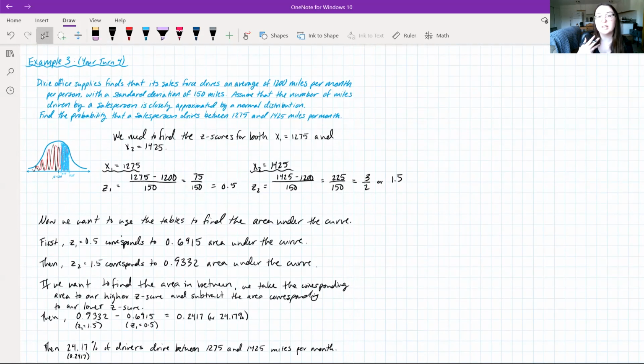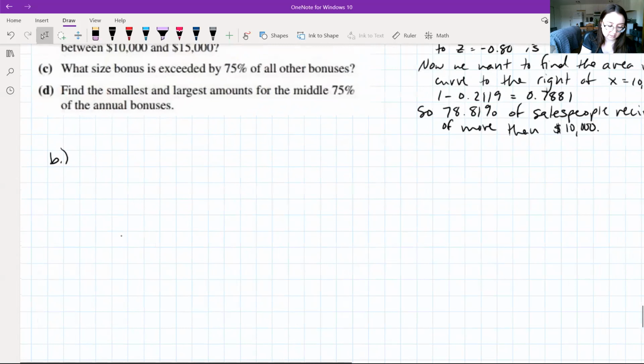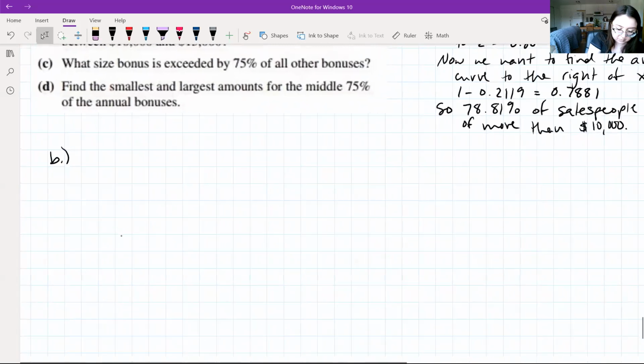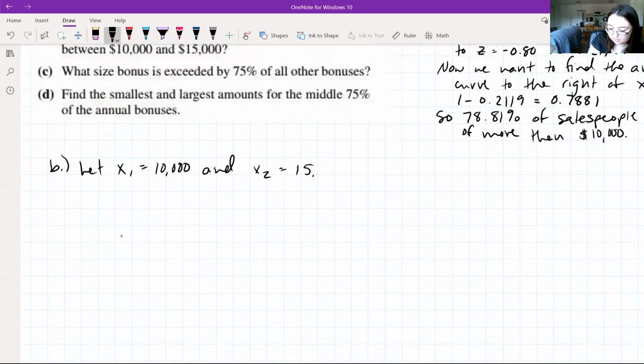We want to find the area under the curve between two values. So we're going to let x sub 1 equal 10,000 and x sub 2 be 15,000.